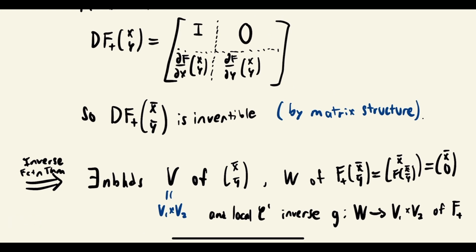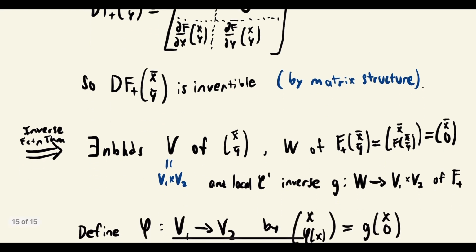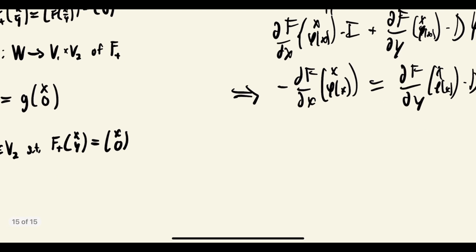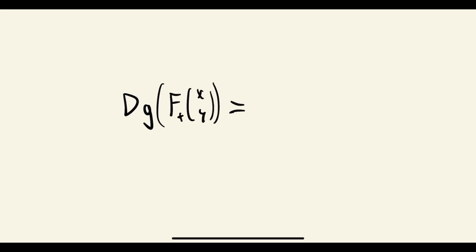So it's not just at this point x bar, y bar, but in fact it's in this more general neighborhood V and W. Because in particular, if you remember what the inverse function theorem says, it says that the derivative of the inverse function, which is g, evaluated at some image point, which we'll call f plus of x, y, is equal to the derivative of f plus at x, y, inverse.